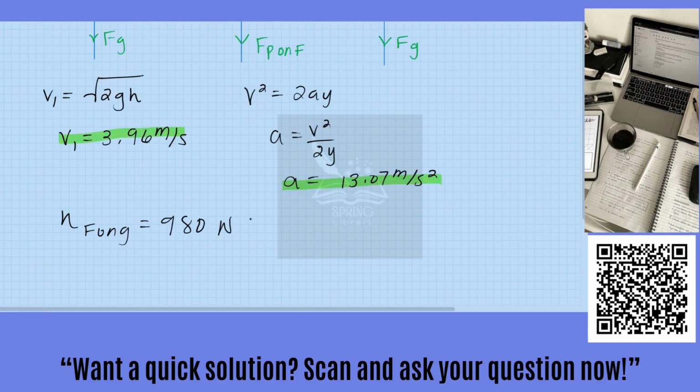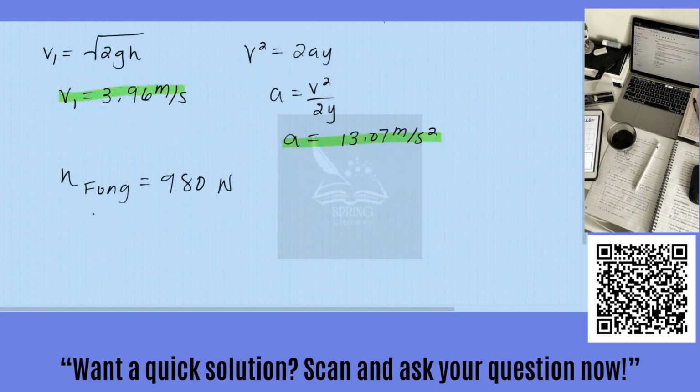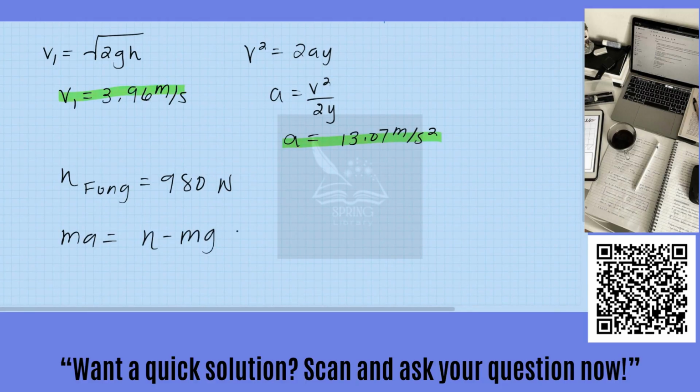When he's accelerating, we have mass times the acceleration is the normal force minus mg, which is ma equals N minus mg. So we want to find the normal force.